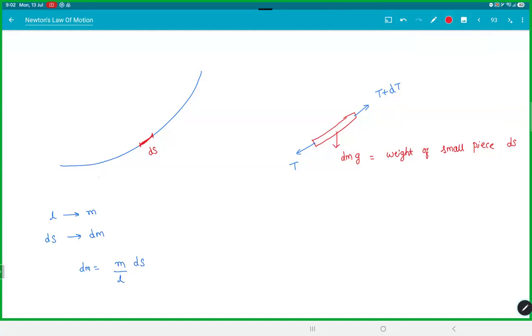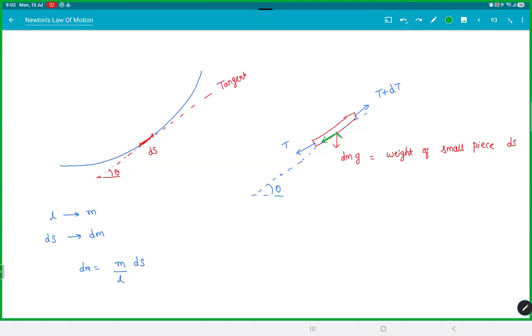Similarly, if you draw a small tangent, let's say this is making an angle theta. Now this thing has become like a small block on an incline, making an angle theta. Tension. Great. And you know what the components are. If you resolve this dm g into components, we get two components here.